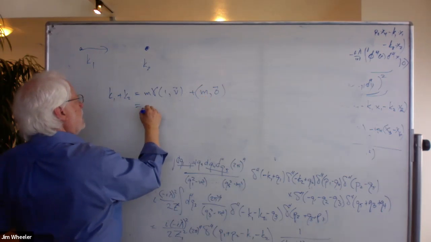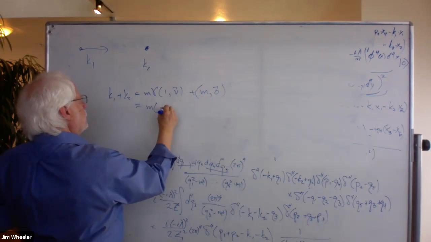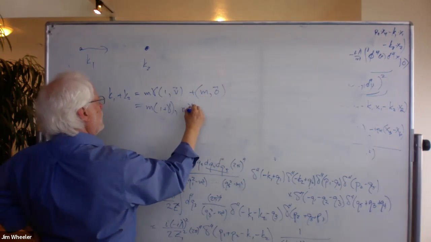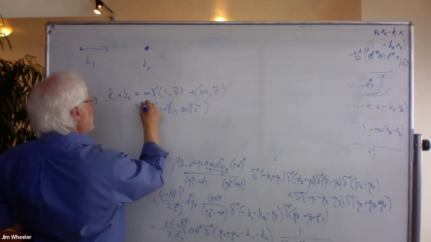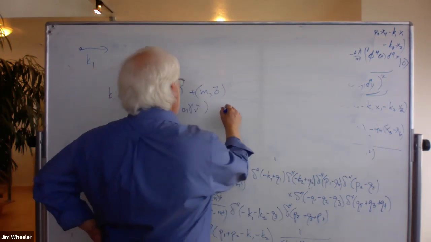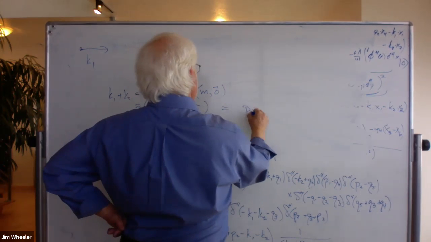So you've got M times 1 plus gamma and M gamma V as the total for momentum. And that has to be equal to P1 plus P2.